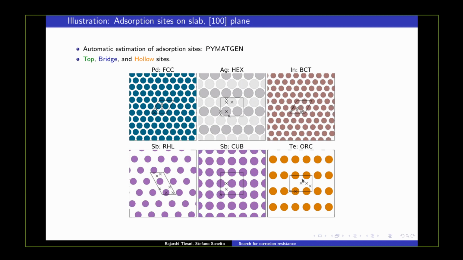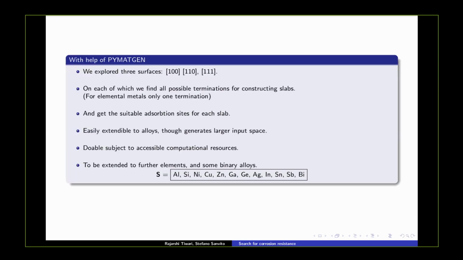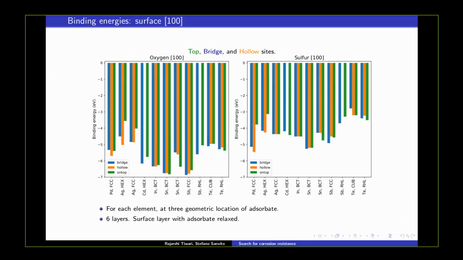So we systematically generated all of these through a Python package called pymatgen and pushed it to FHI-aims DFT calculation. And what we came up with is the binding energy as a function of surfaces.